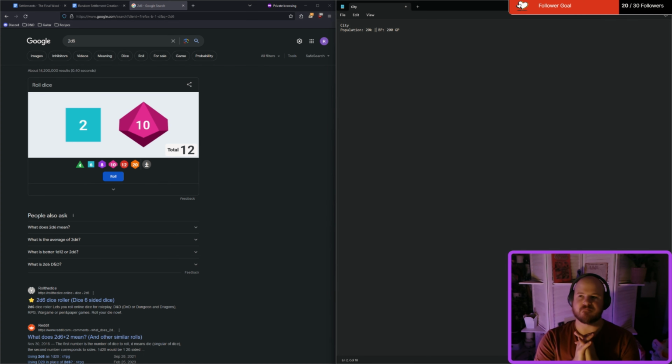Yeah, so population is pretty self-explanatory, but the buying power is basically the economic power of a settlement. The way I determine that is it's simply 10%. Sorry, 1%. No, it should be 2,000. I thought that number was low. There we go.